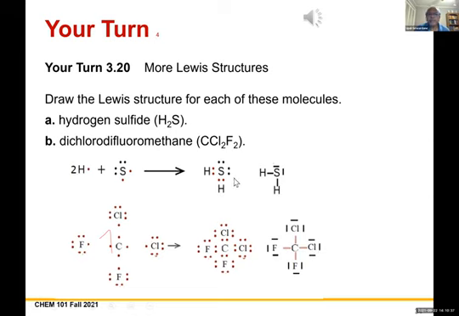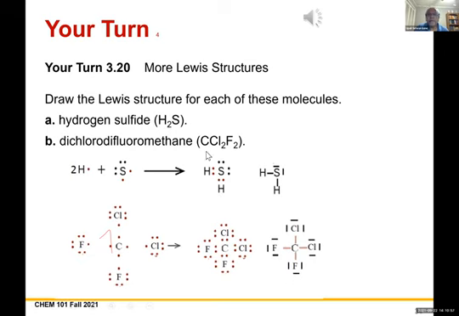Number of total valence electrons. There are 4 here, 3 from each fluorine atom. 3 times 4 is 12. 12 plus 4 is 16. How do I get 16 valence electrons here?